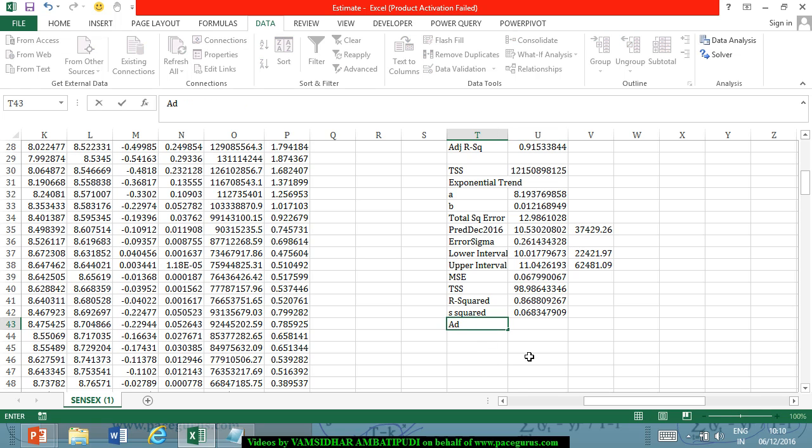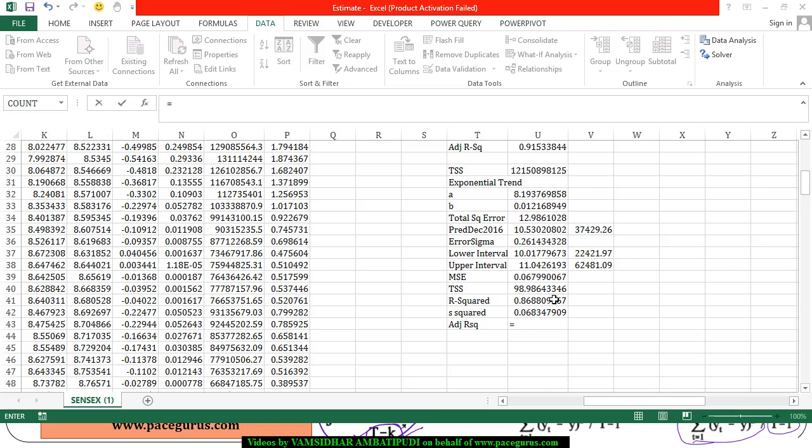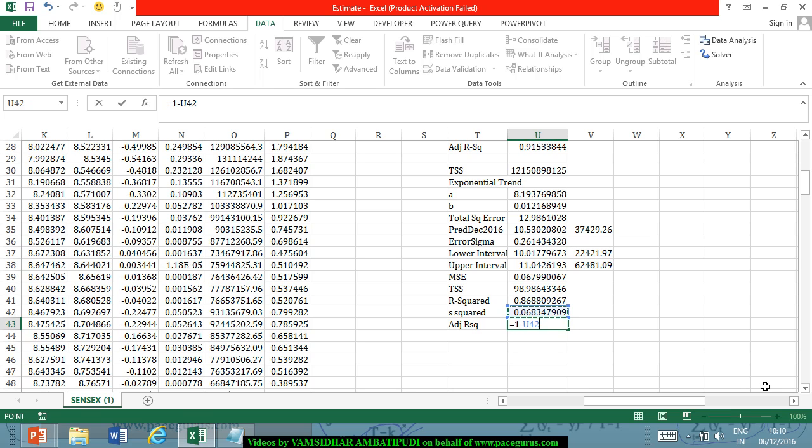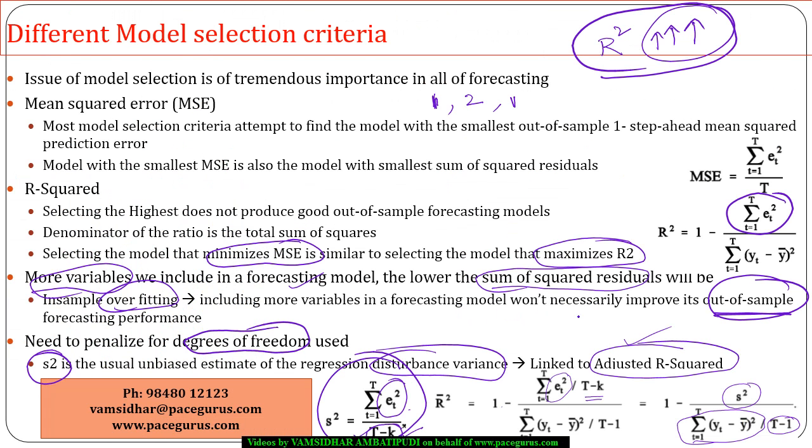Even here the R squared itself is lesser, so I can expect the adjusted R squared to be nowhere closer to 91 at all. If the number of variables is 1, using this formula, the adjusted R squared will be exactly the same as your R squared itself.